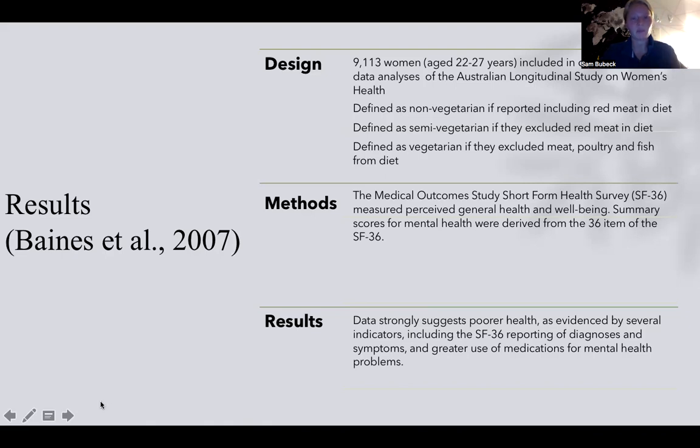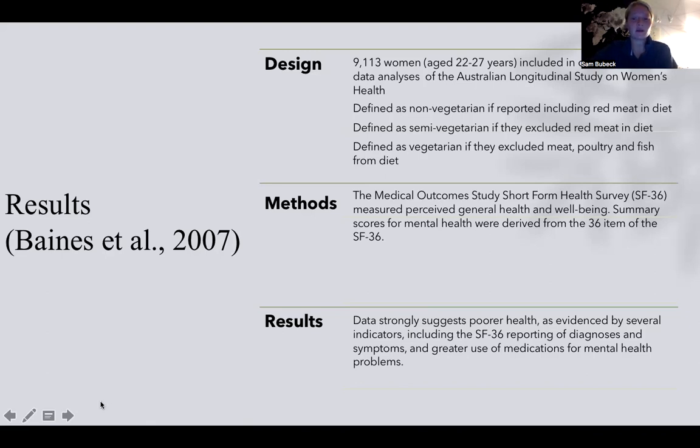So as you see, the definition of vegetarian is quite loose and has changed throughout the years. So it's important to touch on the specifics behind each term every time it's brought up. Some methods within the study: the Medical Outcomes Study Short Form Health Survey, also called SF-36, measured perceived general health and well-being.